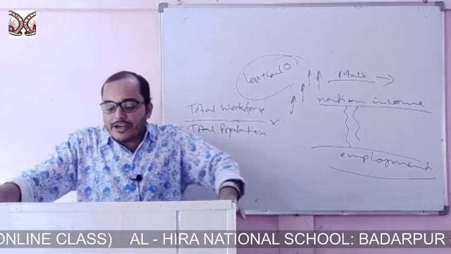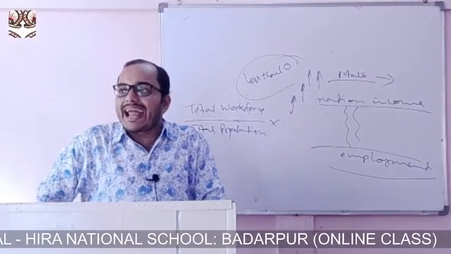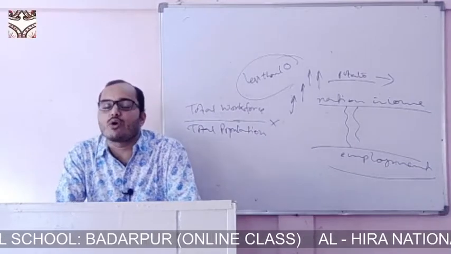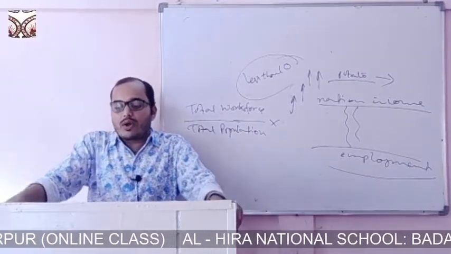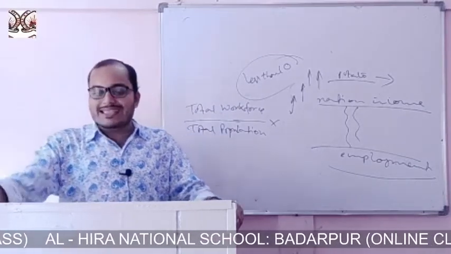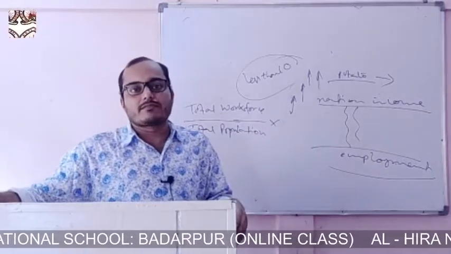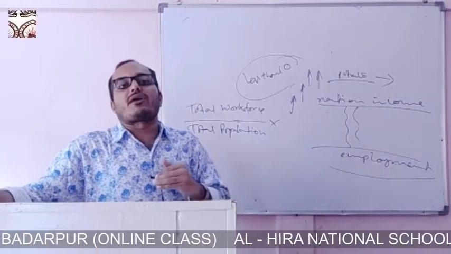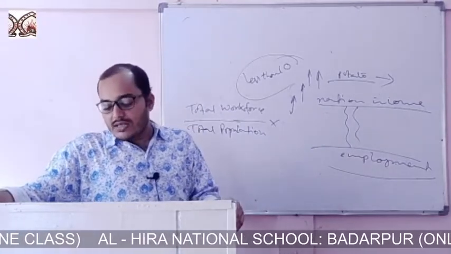Among the monetary measures adopted by the government, the bank rate is worthy of mention. The central bank gives loans to the commercial banks, and when the bank rate and loan rate are increased, the commercial banks will not take loans from the central bank, and as a result the common people will also not take loans from the banks.